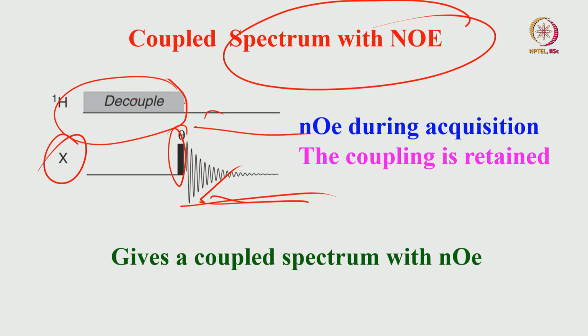That is a phenomenon. When I apply decoupling power prior to that, we get enhancement of the signal intensity due to the Overhauser effect. This is an experiment. If you do it, you will get a coupled spectrum, but with enhanced intensity. This is called a coupled spectrum with NOE.